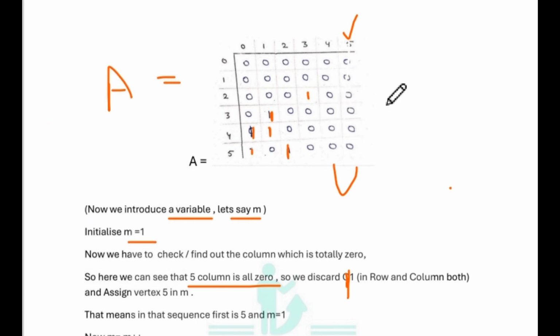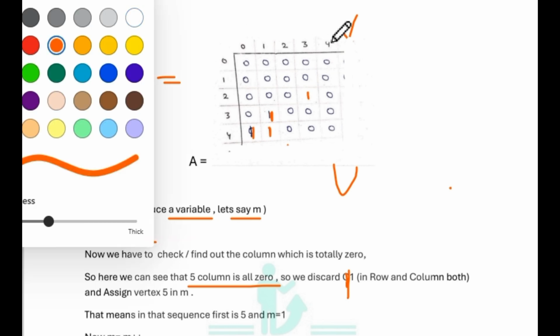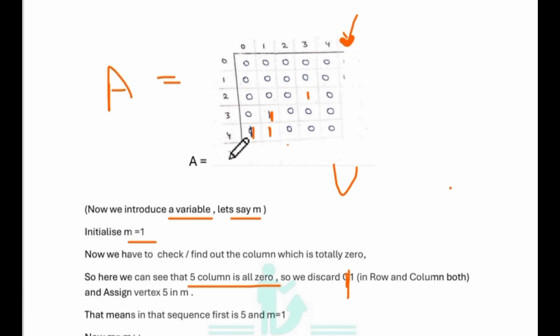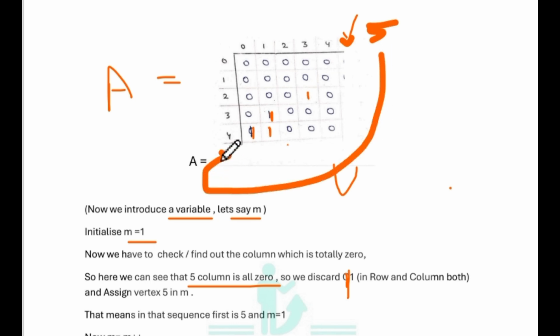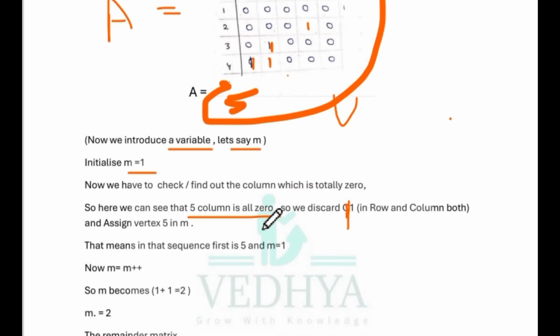We have to omit column 5 as well as the same row number, that means row 5, because we discard column 5. So we discard the same column 5 and the same row 5.